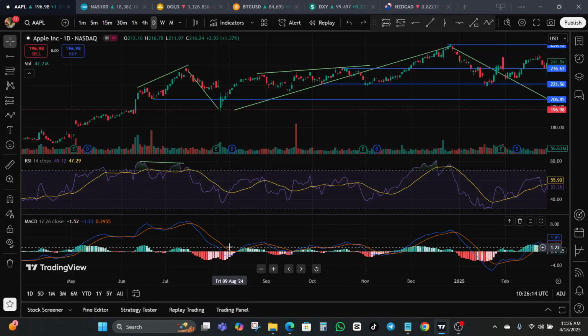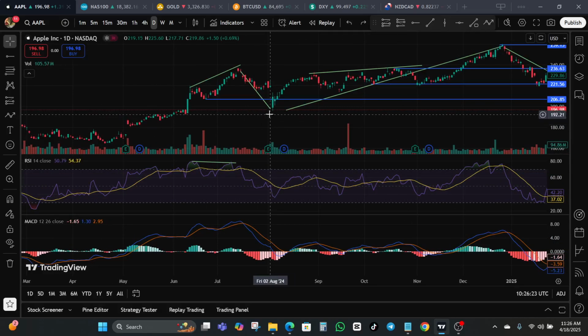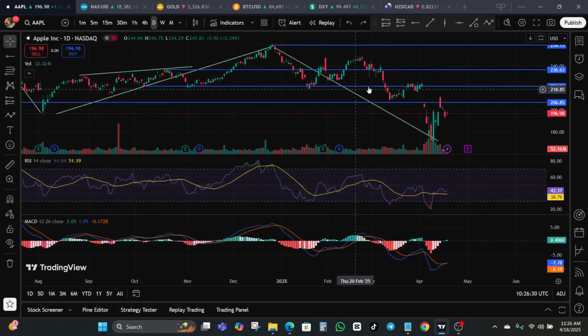Wait for confirmation, a retest of the reversal zone, right? Or a break and close beyond the key level. So if you're about to have a reversal, for example, what we had happen here, do not just jump into the trade once the first bearish candle forms, because at that time you won't know if it's a reversal. So instead of jumping into the trade, wait for a retest, wait for a confirmation.